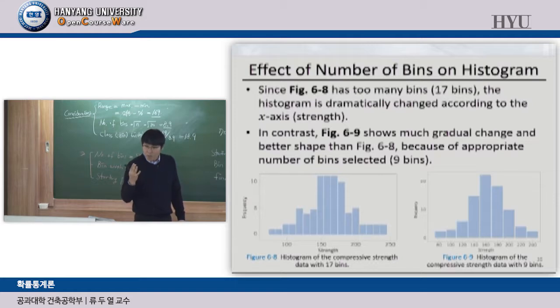We can simply decide, okay, we're going to have 17 bins to show this data by using the histogram. But in this case, we have a bad histogram. So if we want to use the histogram, we need to calculate these things first, and based on this information, you need to draw the histogram.